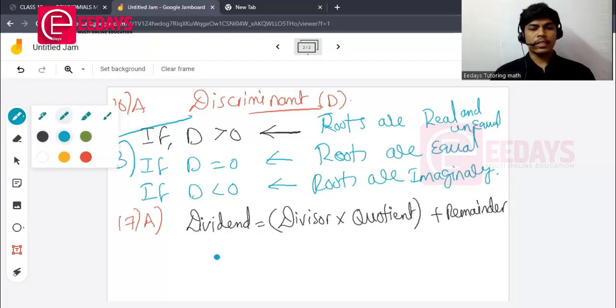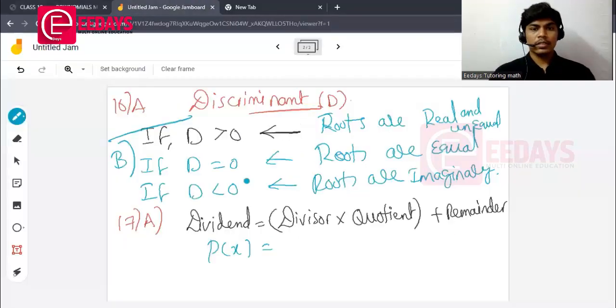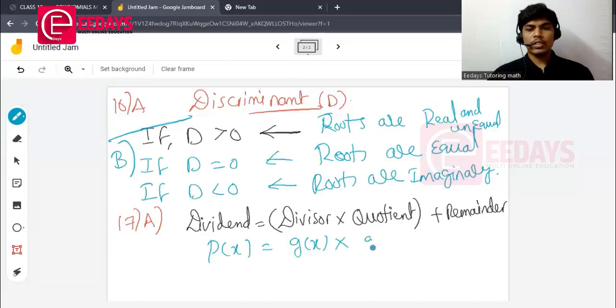Simply we can write it as, p of x is equal to, they already gave the polynomial p of x divided by g of x. So divisor is g of x and quotient is 0. They said quotient is 0. So quotient is q of x, remainder is r of x. You just take it like this.